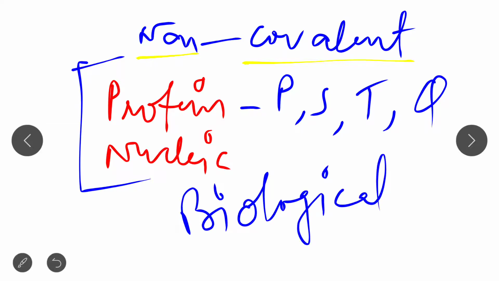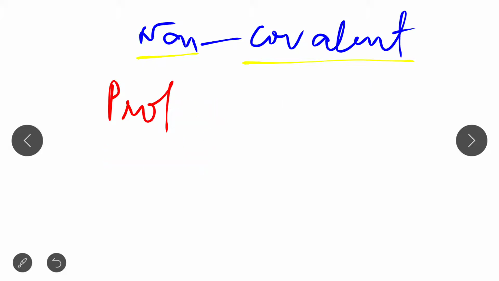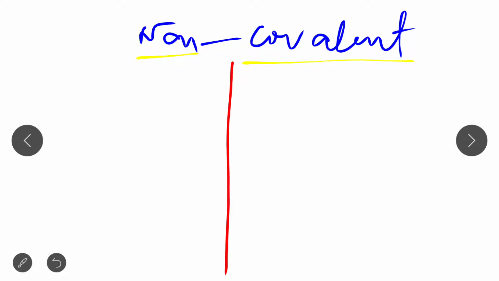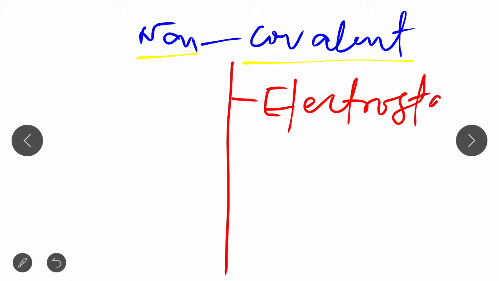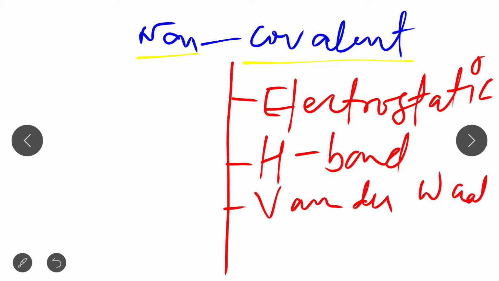I hope all these things are clear till now. Now let's look at the types of non-covalent interaction. Non-covalent interaction is majorly of four types: one is electrostatic interaction, one is hydrogen bond, one is van der Waals forces, and the last one is hydrophobic interaction.